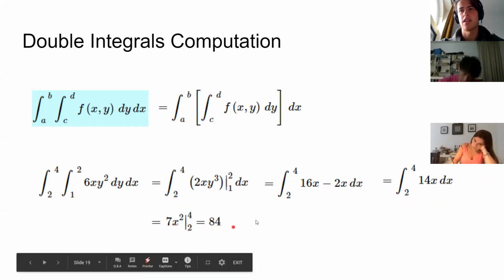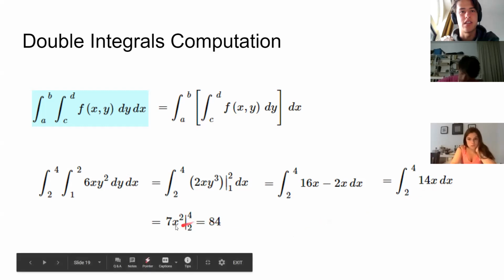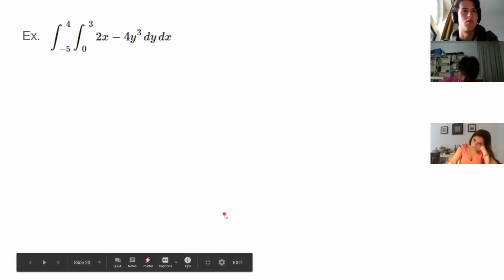Which will give us this, as we raise by 1 power, so you add 1 to the power of x, and then we divide by that new degree of the power, which in this case is 2. 14 divided by 2 gives 7x squared. Plug in those values, and you get 84. Cool.